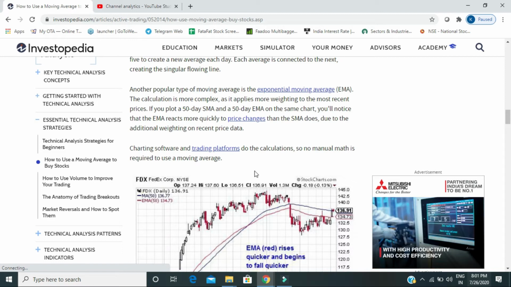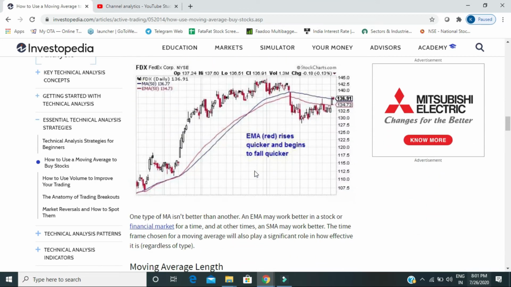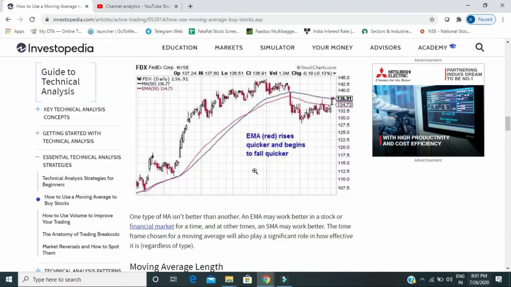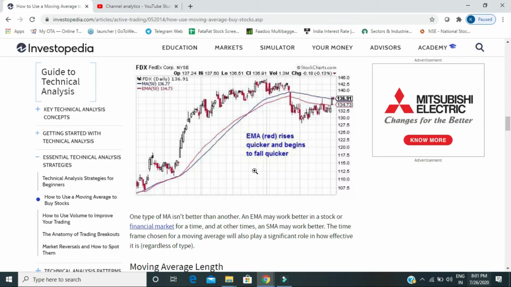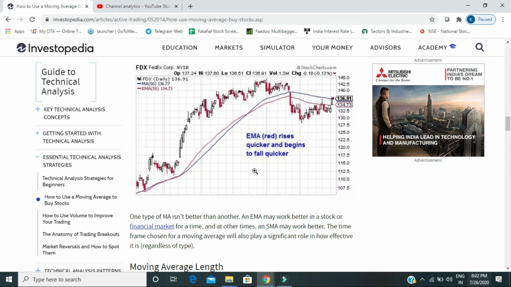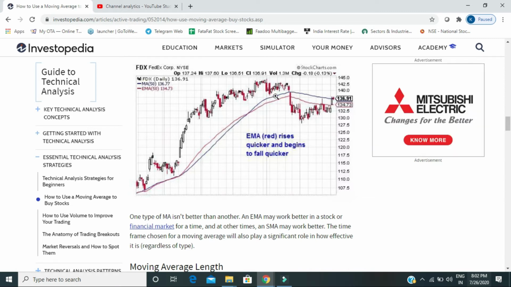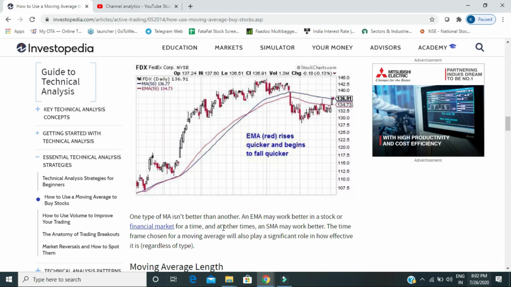We are able to see a very clear picture on exponential moving average. There is a combination of moving averages like simple moving average and exponential moving average, and we can see that exponential moving average is nearer to the current market price.